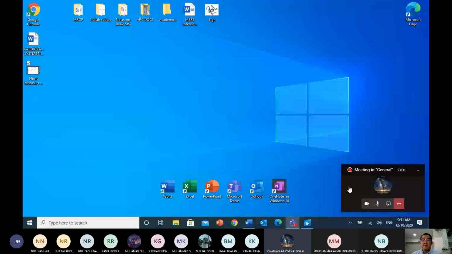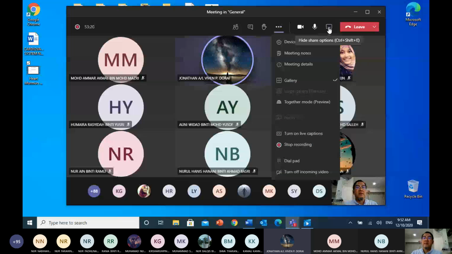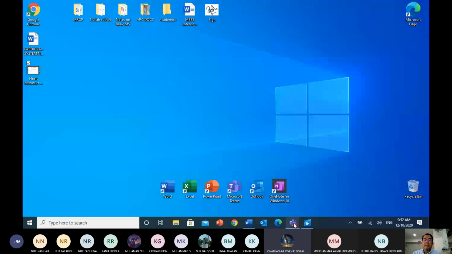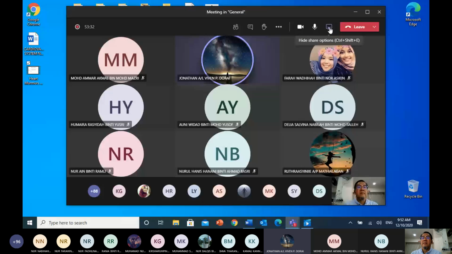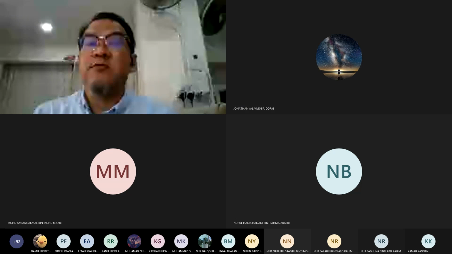Go to share screen again. You have to unshare the screen and share again. You unshare the screen, and then you see a small square on the left side that says share system audio. Okay, never mind.